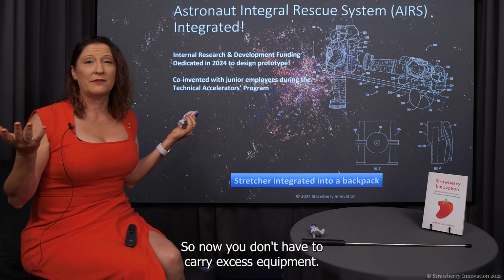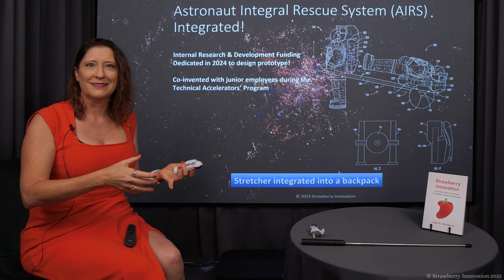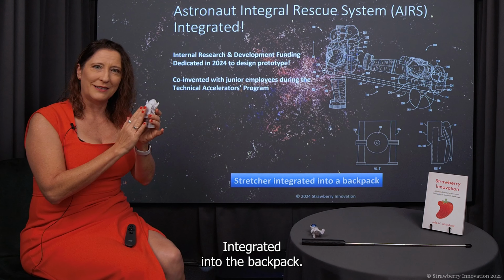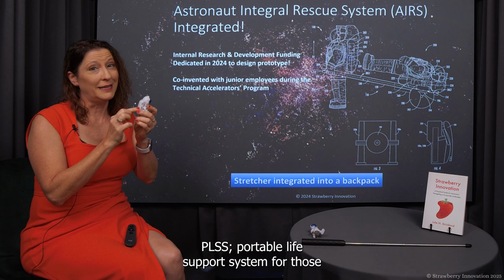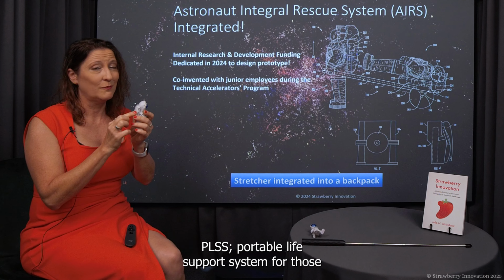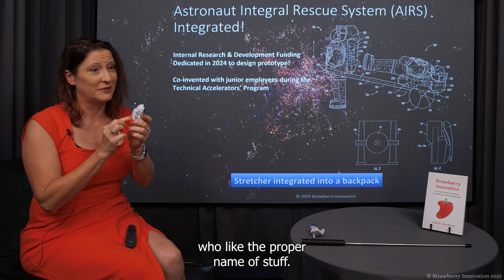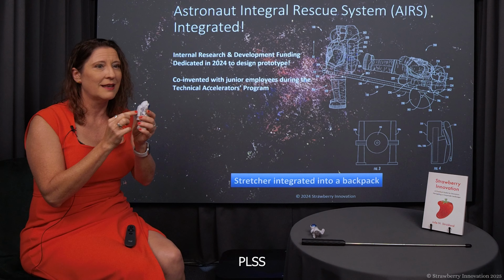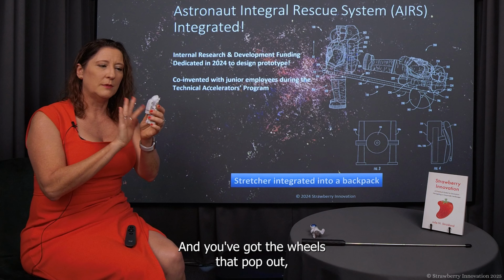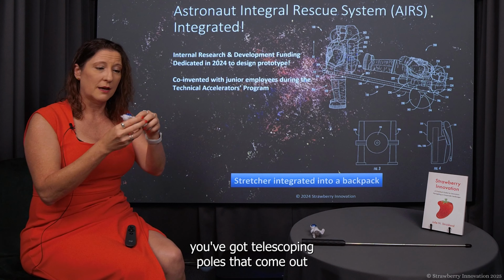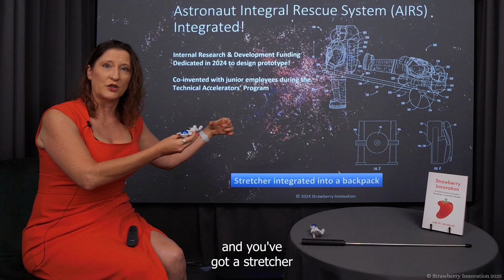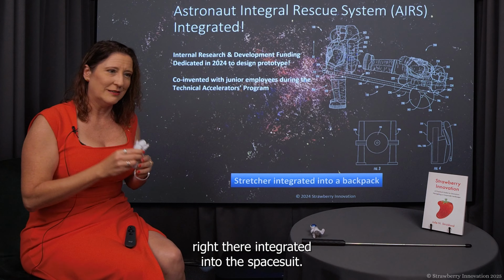So now you don't have to carry excess equipment. It's all right there integrated into the backpack, plus portable life support system, for those who like the proper name of stuff, PLSS, plus. And you've got the wheels that pop out, you've got telescoping poles that come out, and you've got a stretcher right there integrated into the spacesuit.